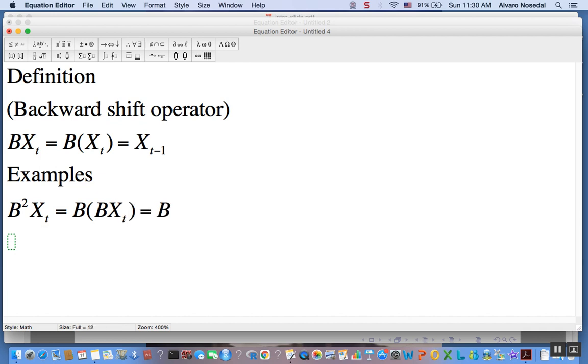We know that the result of B xt, of applying the backward shift operator once, is just your time series at t minus 1.